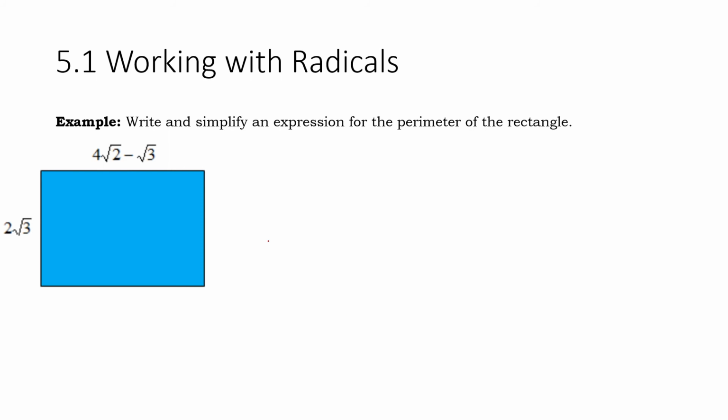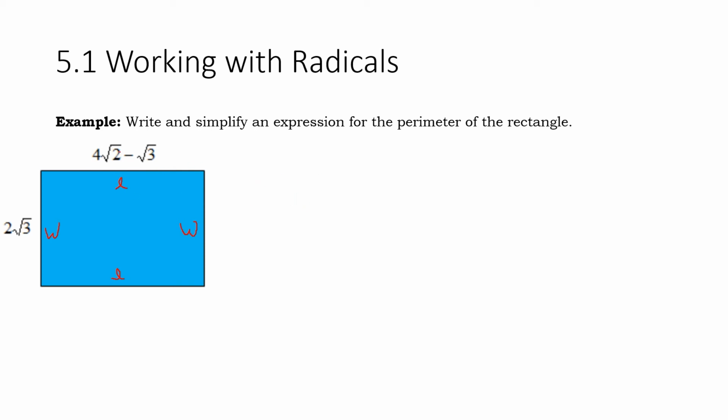Alright, so let's throw in some geometry, working with perimeter. So we know that perimeter for a rectangle is found by doing length plus width plus length plus width, or 2L plus 2W. So let's do that.